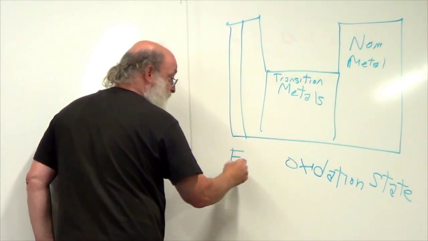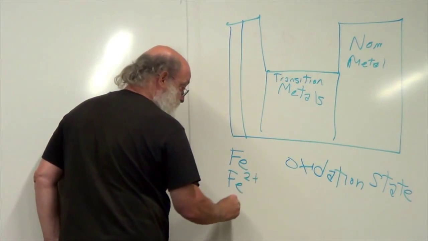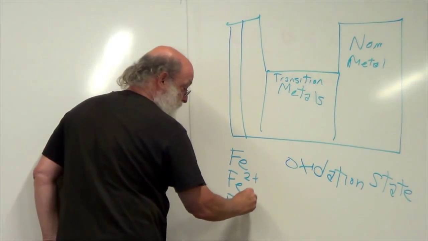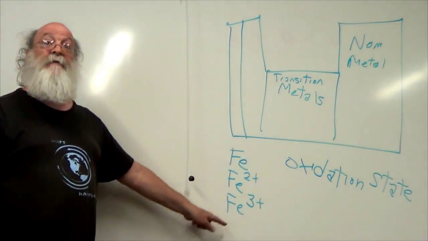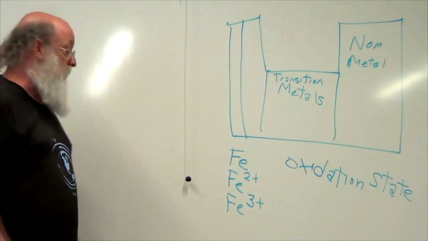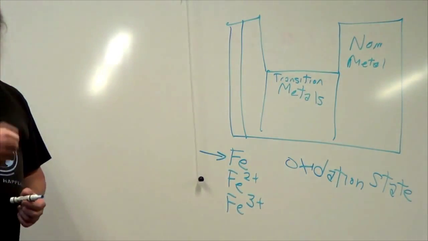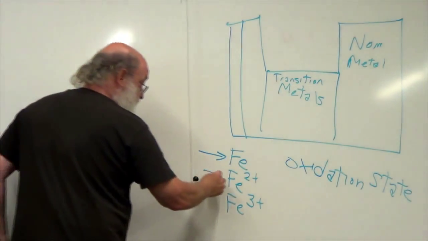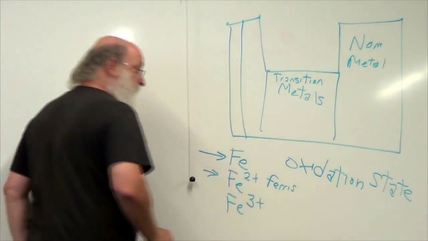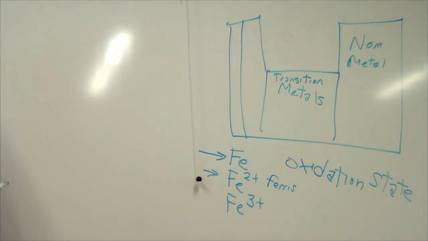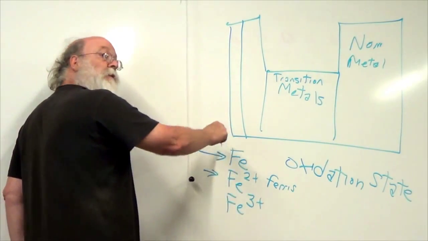So you might have iron, or you might have iron with a 2+, or you might have iron with a 3+, and each of these act differently in biological systems because this is the metal, like you have on a cast iron skillet, and this is called ferrous iron, and it's in an intermediate oxidation state that it can be oxidized or reduced.